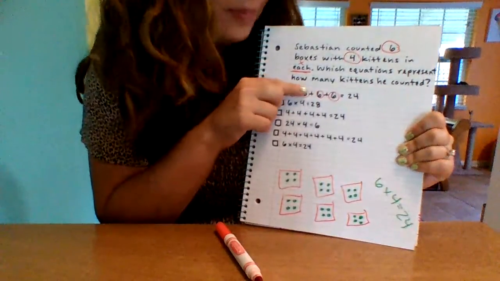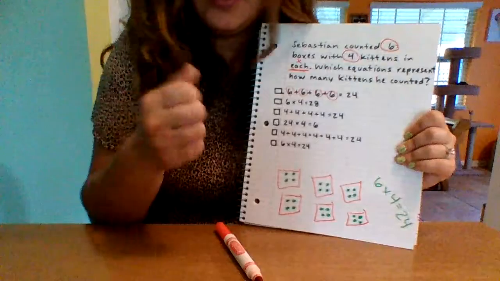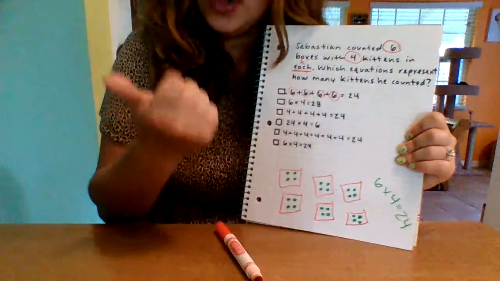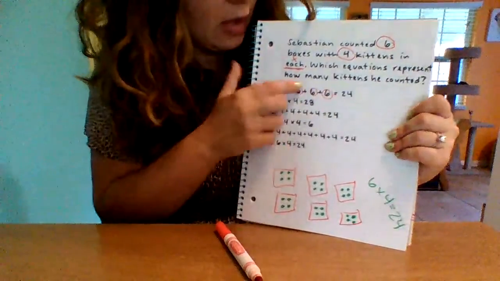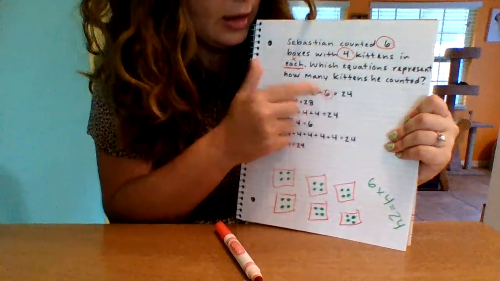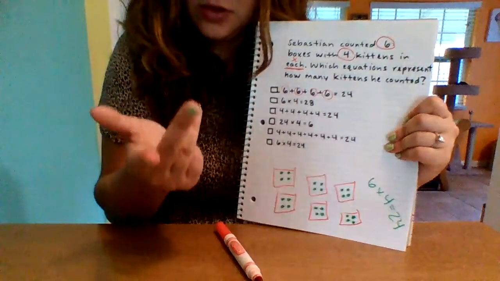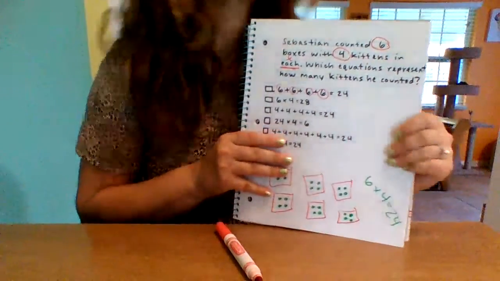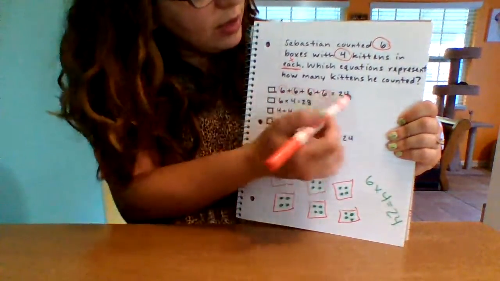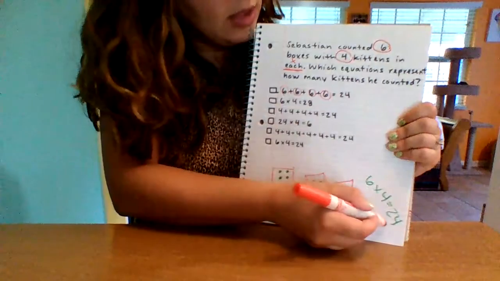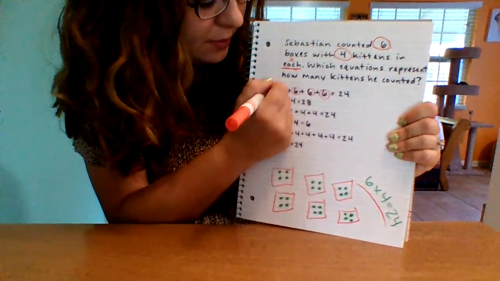Add 6 more, that would make 18, and then add 6 to 18: 19, 20, 21, 22, 23, 24. So 6 plus 6 plus 6 plus 6 equals 24. This repeated addition equation goes with this multiplication equation down here. So we know that this is an answer.